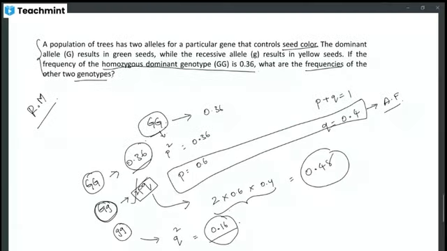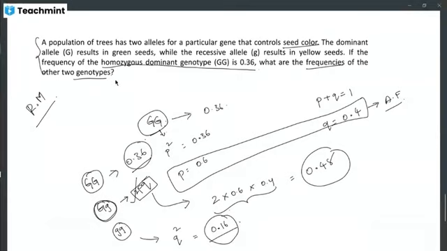The questions from this chapter will not be much hard, they will be in the minimal range, but just remember, in case of the heterozygotic individual, your genotypic frequency will be 2PQ, right? I hope now you are able to calculate the questions from Hardy-Weinberg law.